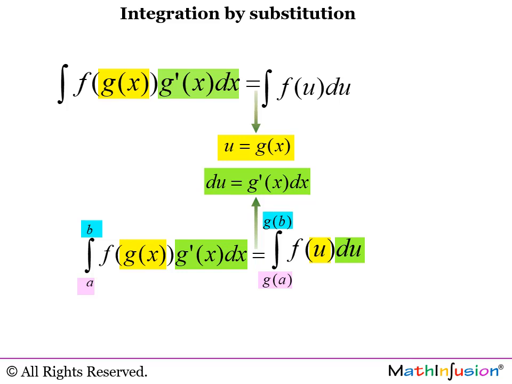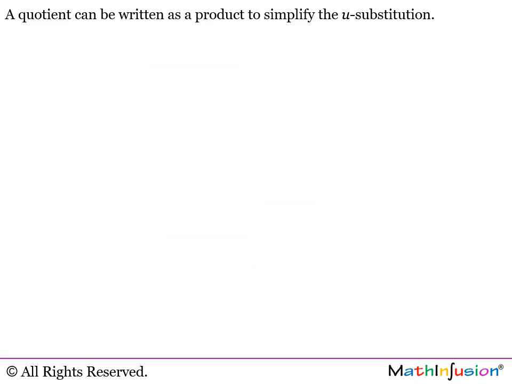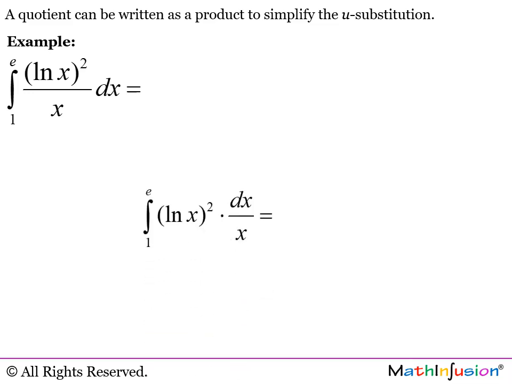Now I want to start to do more, I would say, sophisticated examples, and many of them are involving the function ln of x. Let's do this example. I see a quotient here, but any quotient can be written as a product, so I'm going to write this as a product.